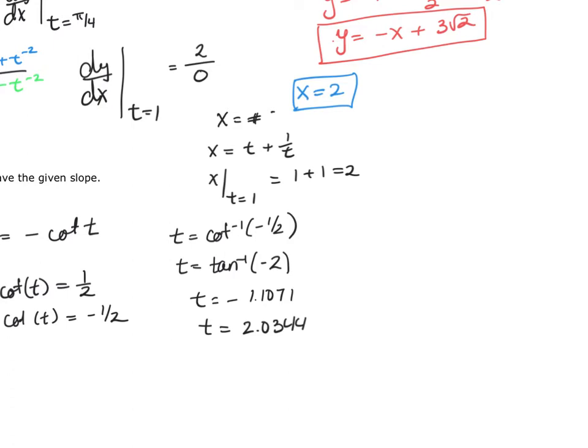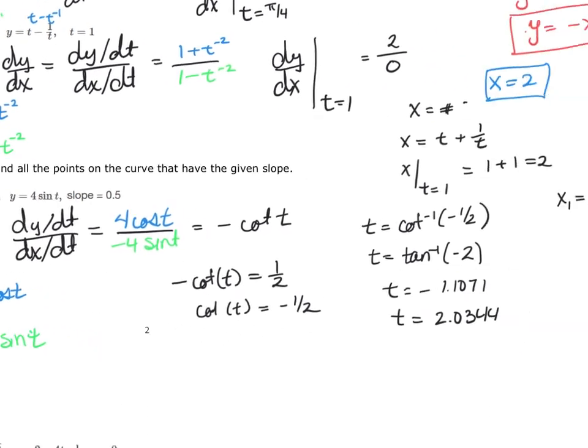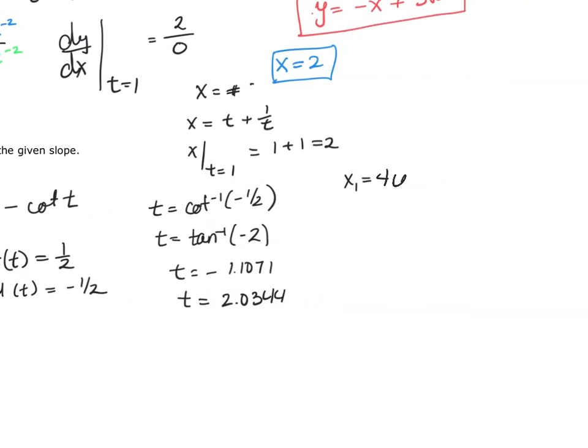So now I have to go back, because I want to know the points in which I have a slope of 0.5. I have my first point, x1, which is going to be 4 cosine of negative 1.1071, and that ends up giving me positive 1.788, we'll go with one more digit, 1.7889.